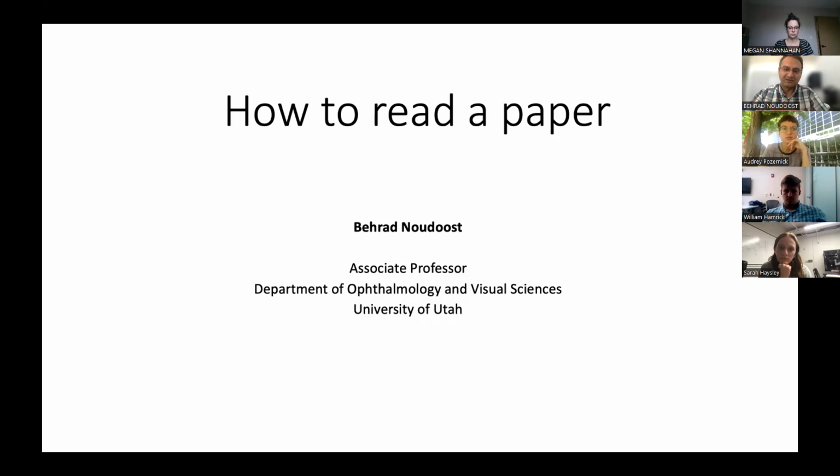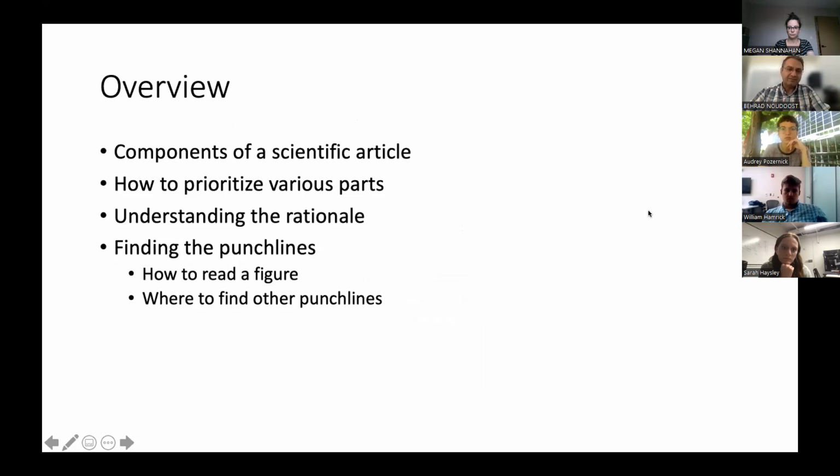What I'm going to do is give you a very general overview of components of a scientific article, how to prioritize various parts of a scientific article when you're reading it, and understand the rationale for such prioritization, and also give you a few hints about where to find the punchlines, how to read different parts of an article, including a figure, and where to find the punchlines of the paper.